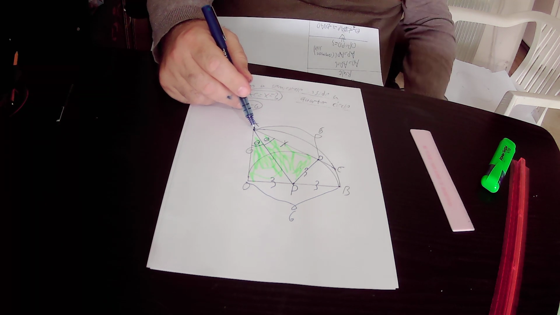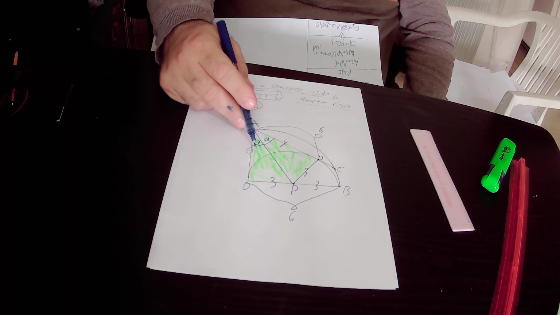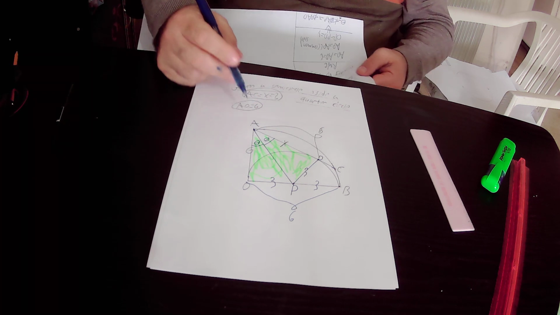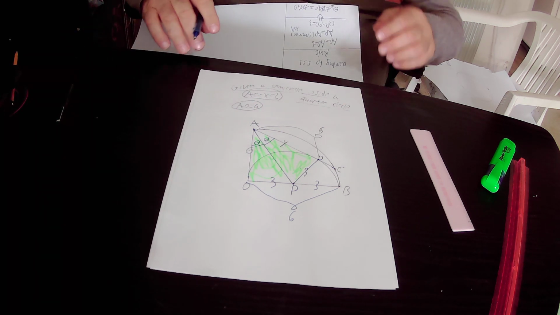In the next step, we will focus on triangle AOP. In this triangle AOP, it is a right triangle.